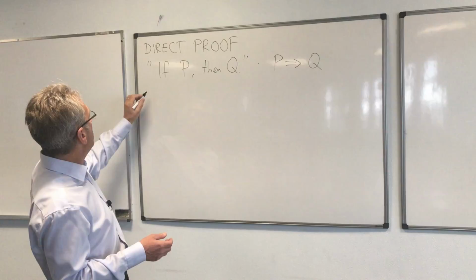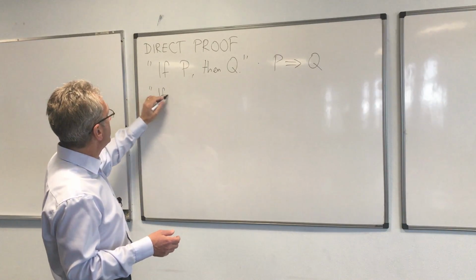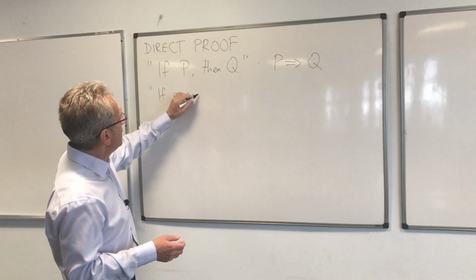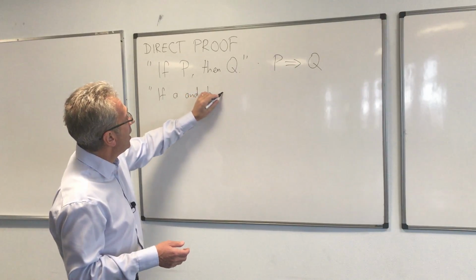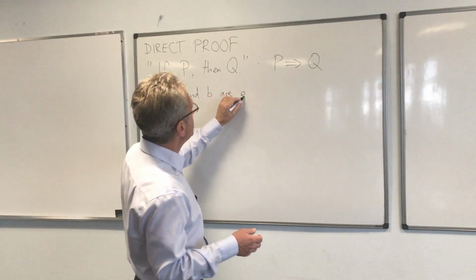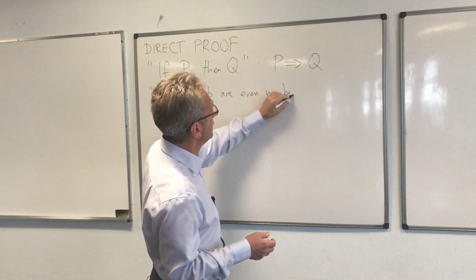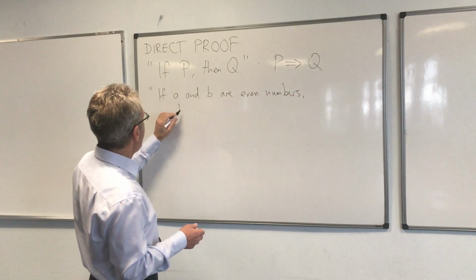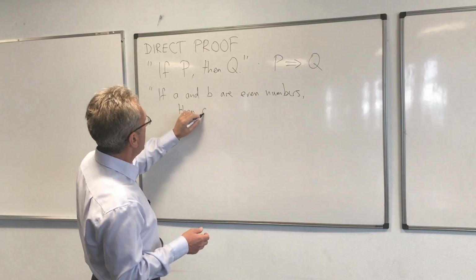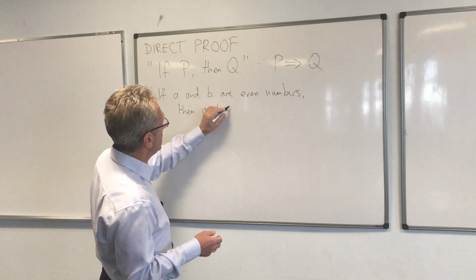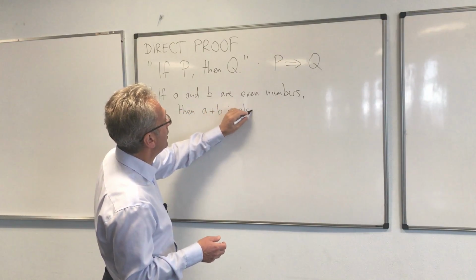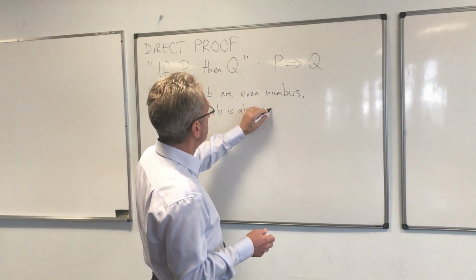Let's have an example. If A and B are even numbers, then A plus B is also even.